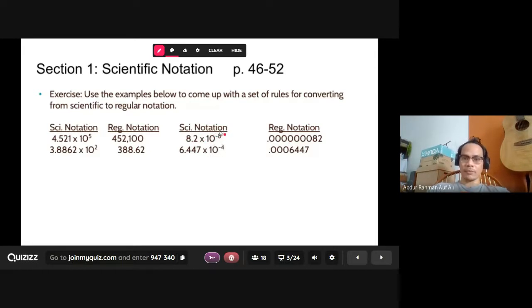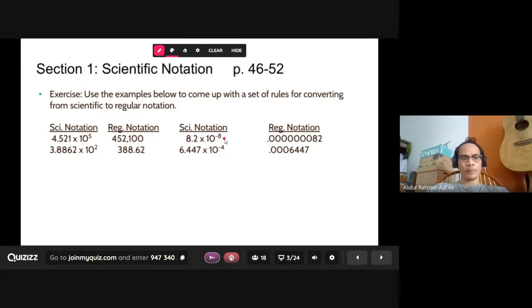So kenapa negatif 8? Because if you look at this value, regular notation here, titik perpuluhannya di sini. So kalau kita nak jadikan this value sebagai satu integer, nombor 8 yang saja dekat depan, this titik perpuluhan perlu gerak ke kanan sebanyak 8 kali. So you count 1, 2, 3, 4, 5, 6, 7 and 8. So that's why jadi kat sini 10 kuasa negatif 8.